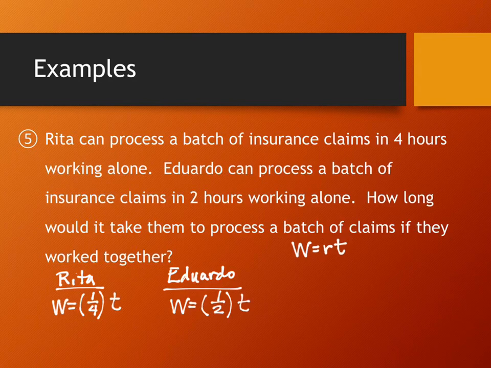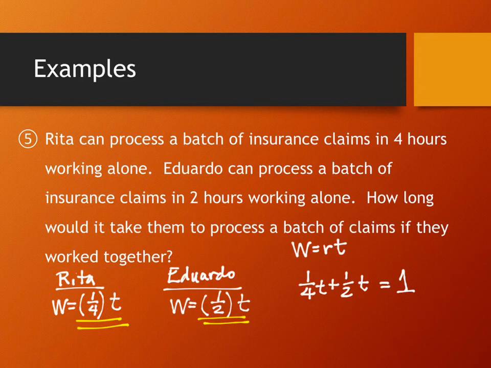All right, so what they're going to do now is they're supposed to be working together. So this is how much they accomplish, each of them. So we're going to add them together. 1/4 T plus 1/2 T. And we want them to complete the whole job, like 100%. Okay?